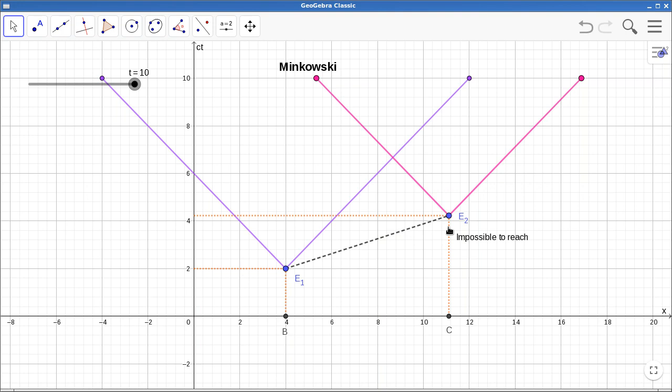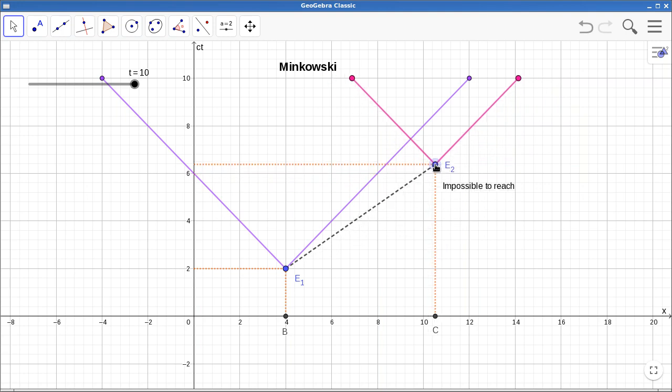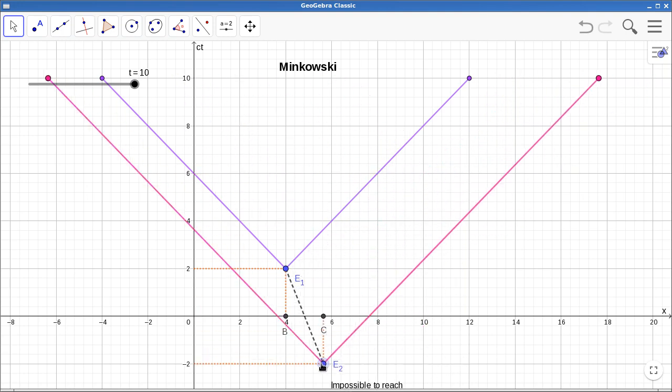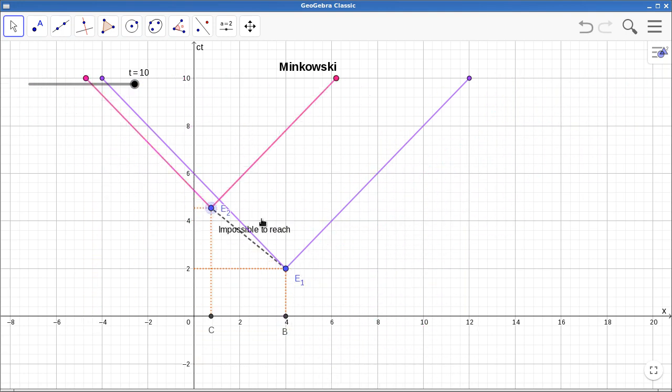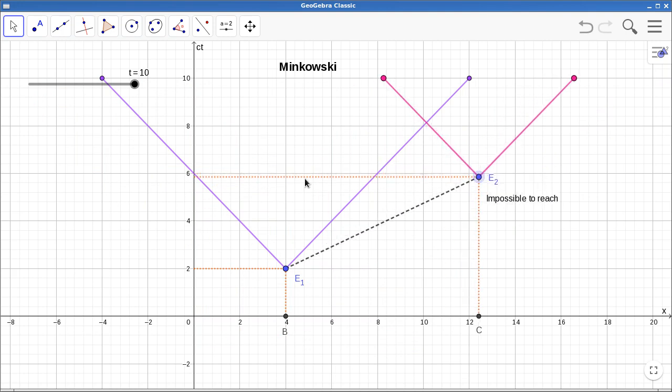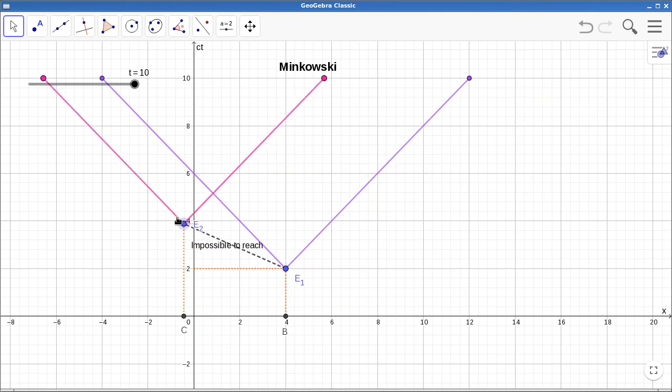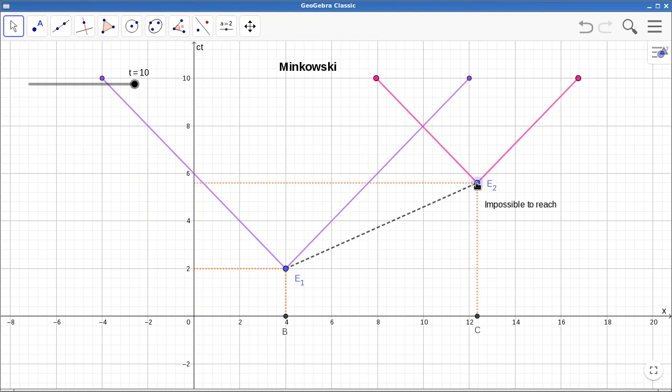And when the events are absolutely separated, their time ordering can also be different. We have seen in the class that with a different Lorentz transform, the order of E1 and E2 can be changed also. So if the event E2 lies anywhere outside this blue light cone of the Minkowski diagram, then all those events are inaccessible by event E1.